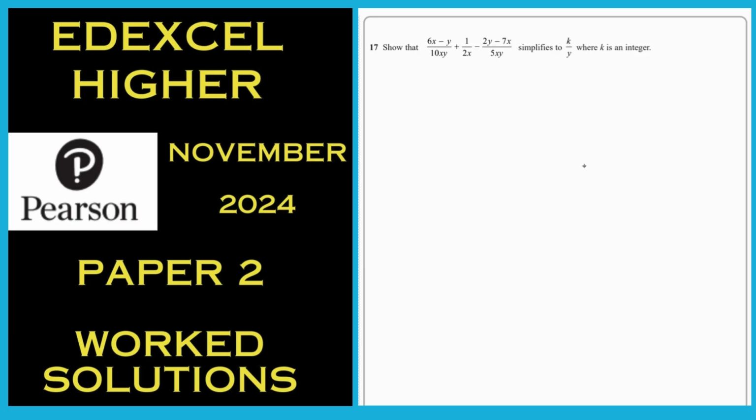Also, 5xy is a factor, which means each of these 3 fractions can be written with a denominator of 10xy. The first term doesn't have to be changed. The second term, well, 2 needs to be multiplied by 5, and we need a y.